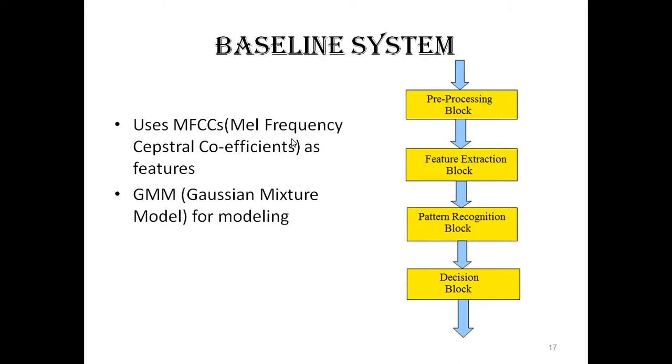So after the pattern recognition block, we get the likelihood values, and how we decide on a particular speaker is that we will simply choose the speaker corresponding to the PDF which gives the maximum likelihood for a given test vector. So we use the Mel frequency cepstral coefficients as features, and we use Gaussian mixture models for modeling the speaker.